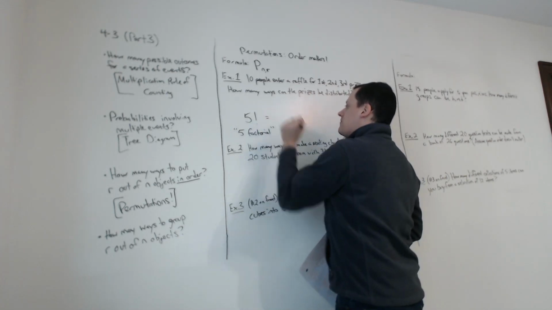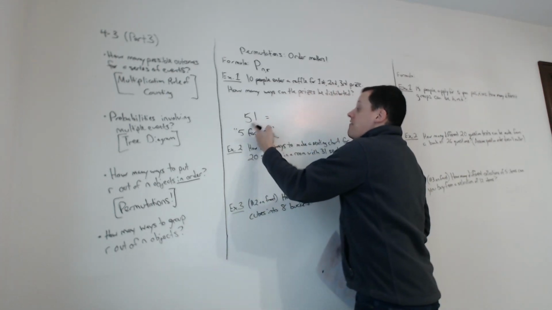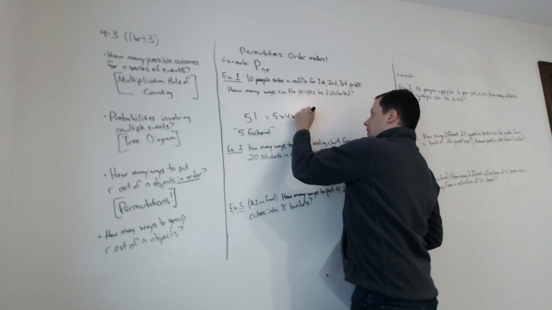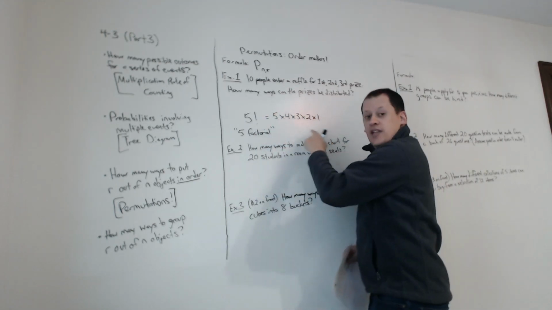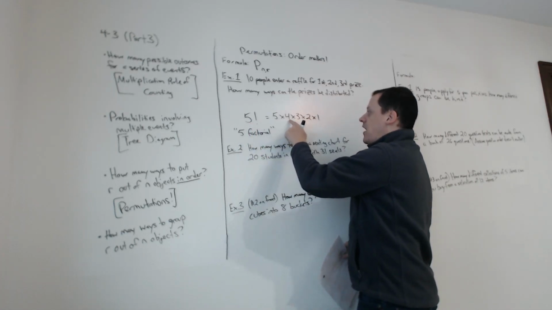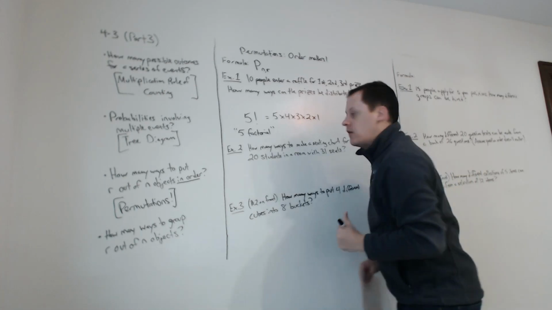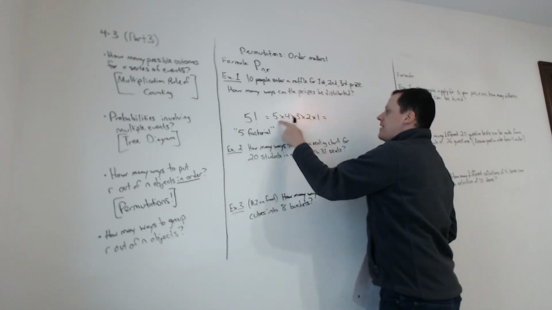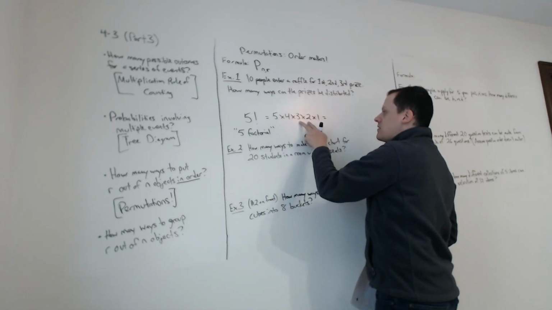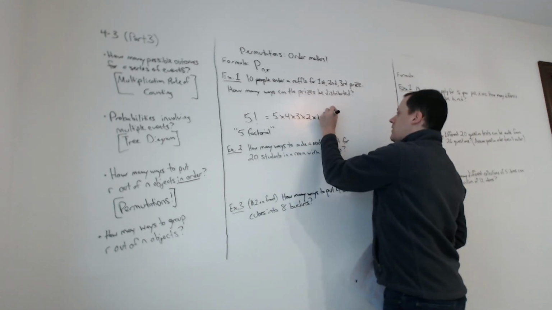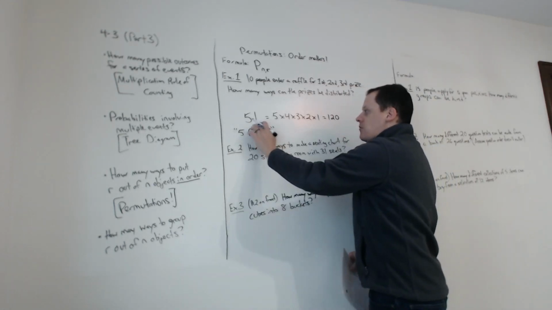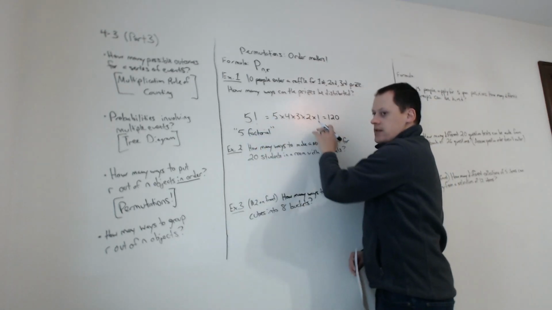And the way this is defined, 5 factorial in particular, is that you take whatever number you have factorial and multiply it all the way down to 1. So for example, 5 times 4 times 3 times 2 times 1, that's 20 times 6, that's 120.